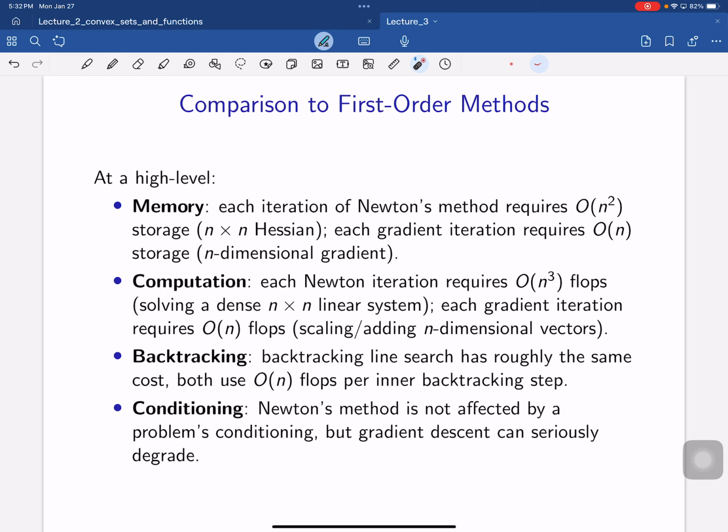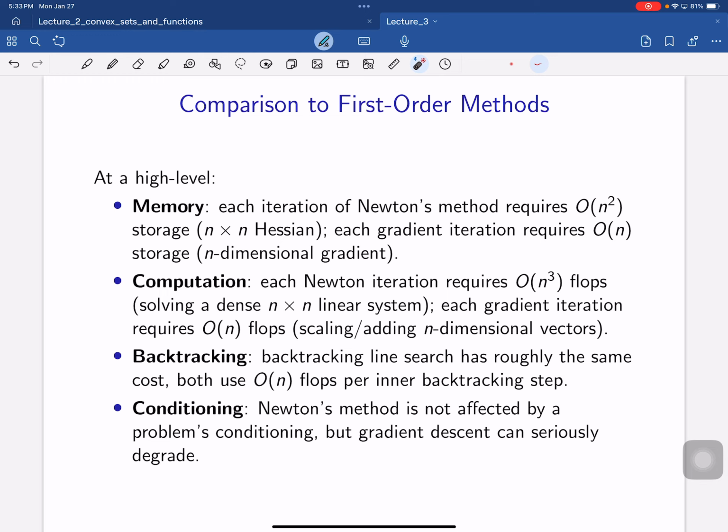If you use Newton's method, you must store the Hessian matrix, so you have an n by n matrix. And each gradient iteration only involves an n-dimensional vector. You only need to store the gradient. So therefore, of course, with respect to memory, the second order method is more expensive.